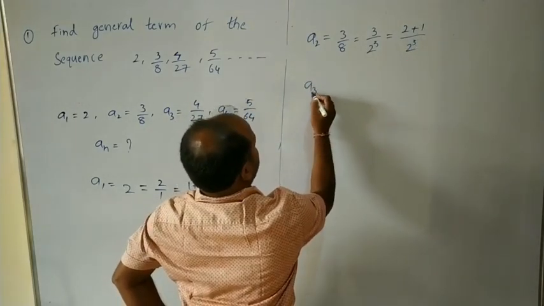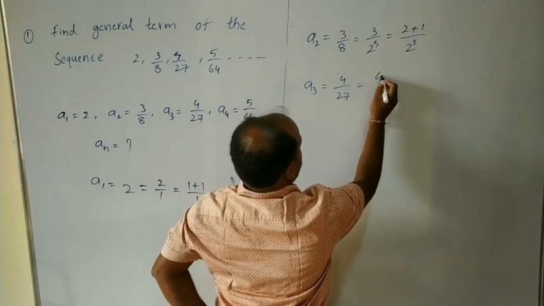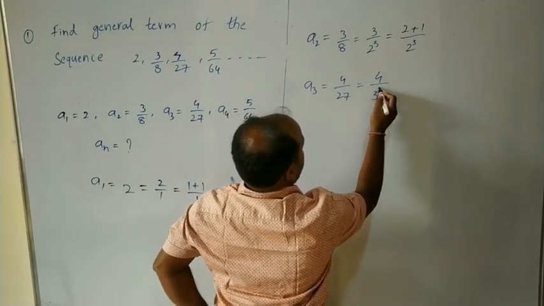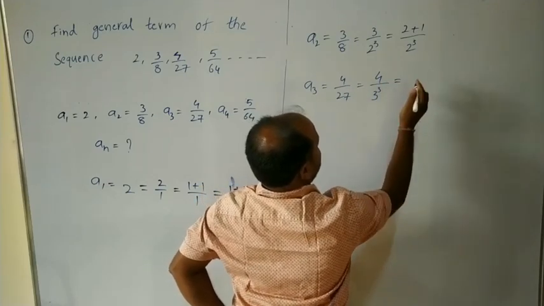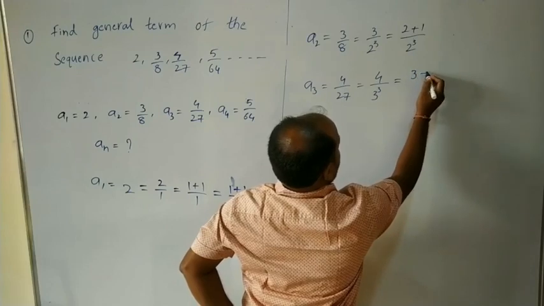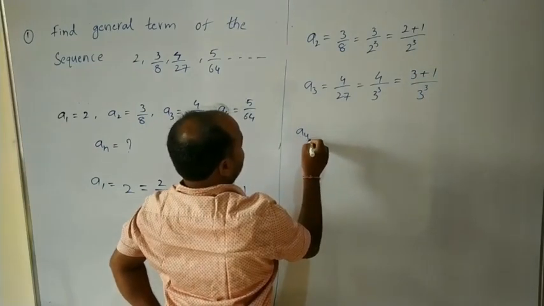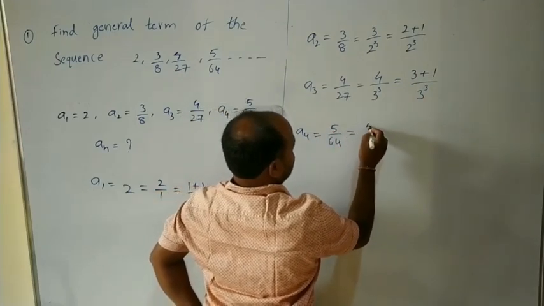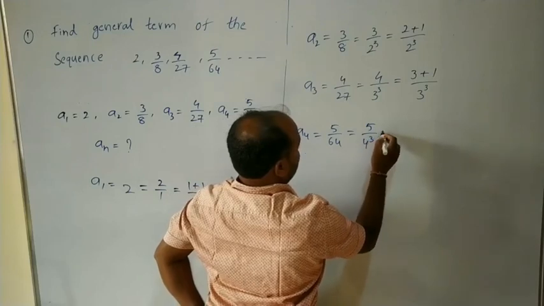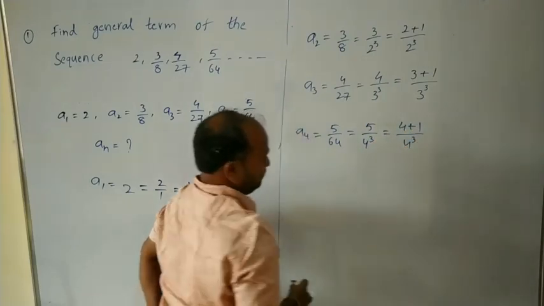Similarly, a3 is equal to 4 by 27. 4 by 27 can be written as 4 by 3 cube, which can be written as 3 plus 1 by 3 cube. Similarly, a4 is equal to 5 by 64. 5 by 64 can be written as 5 by 4 cube, and 5 can be written as 4 plus 1 by 4 cube.